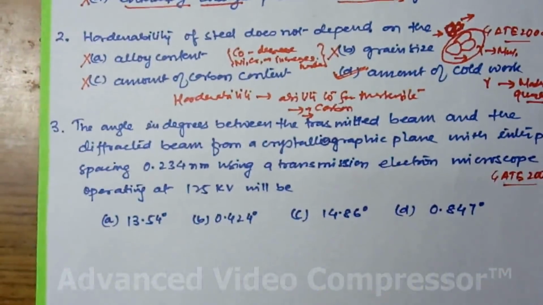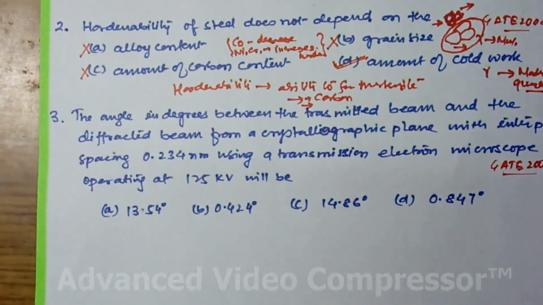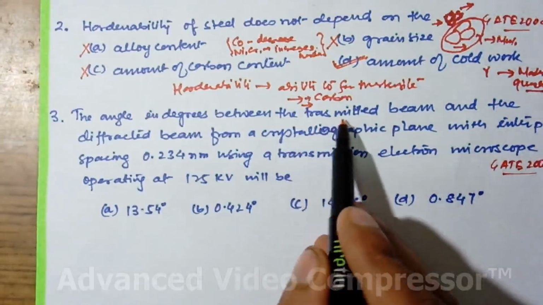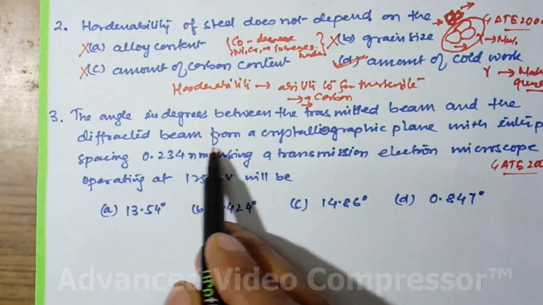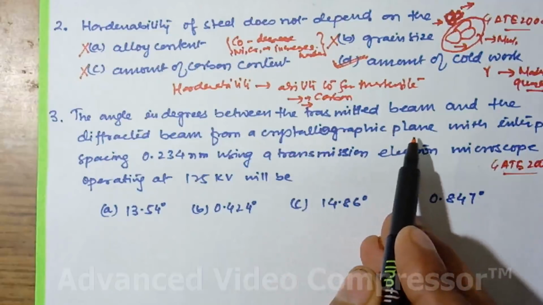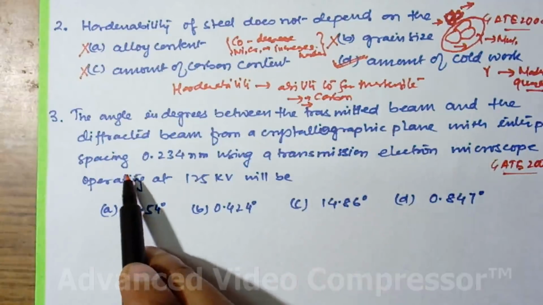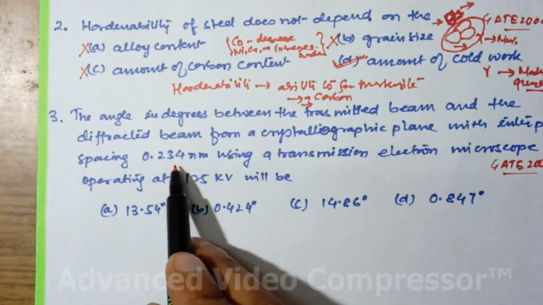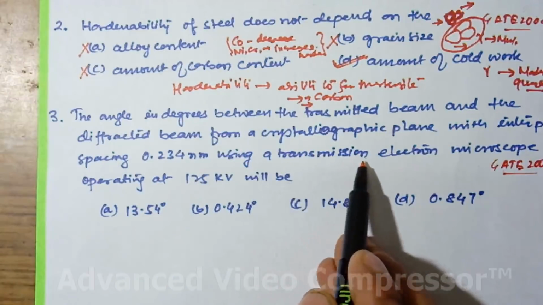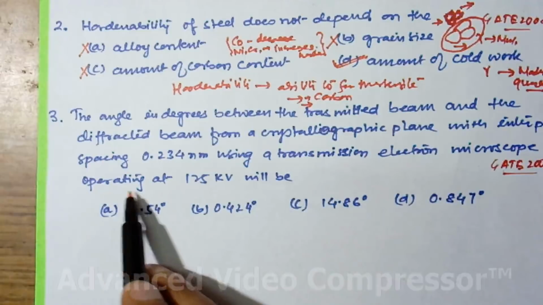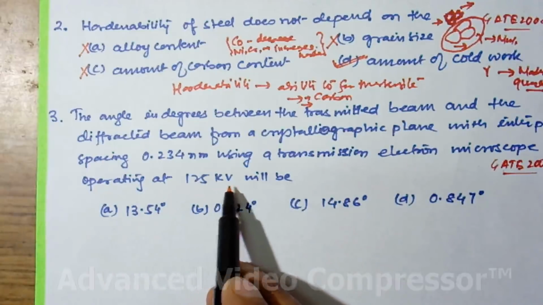Now coming to this question: the angle in degrees between the transmitted beam and the diffracted beam from a crystallographic plane with interplanar spacing of 0.234 nanometer, using a transmission electron microscope operating at 125 kV, will be.